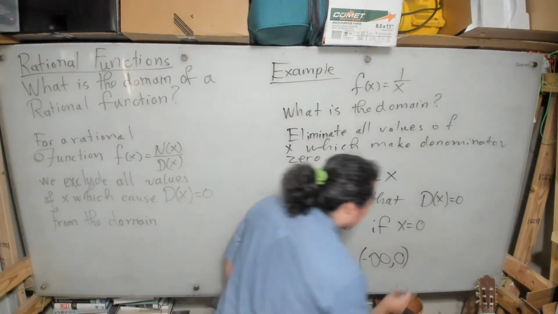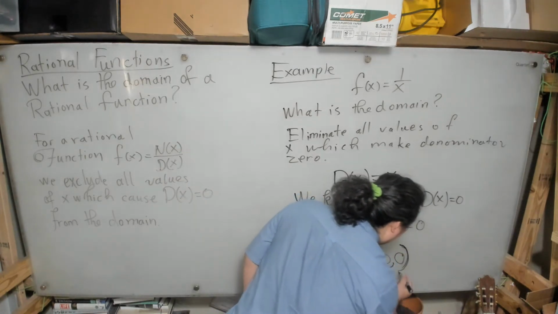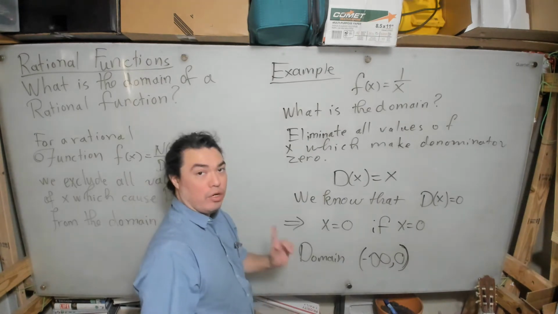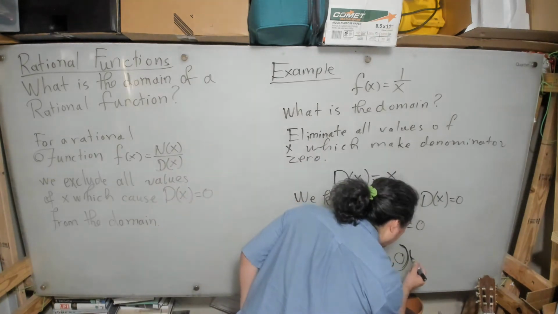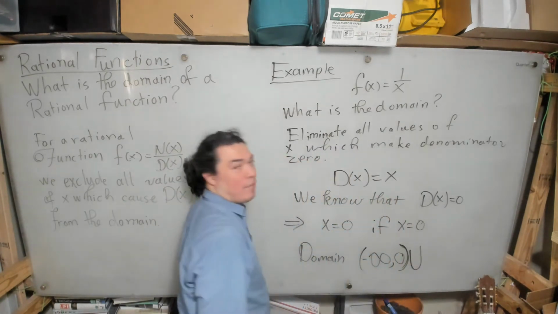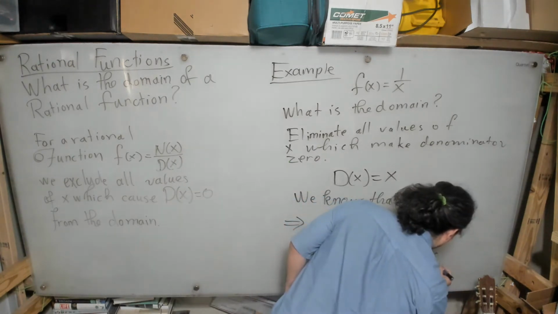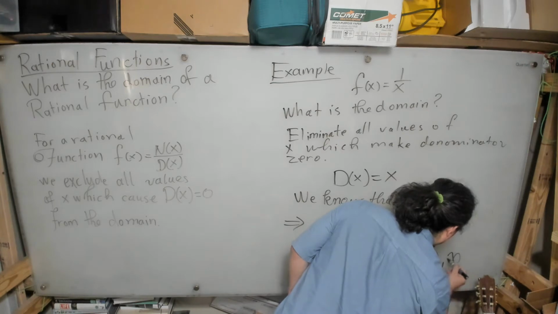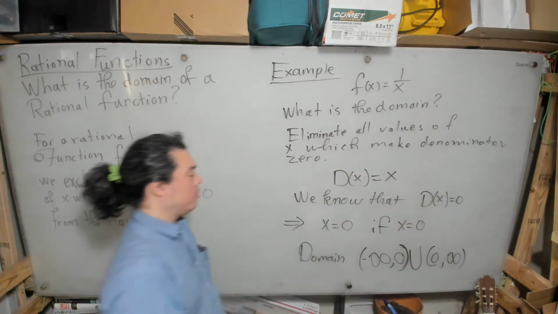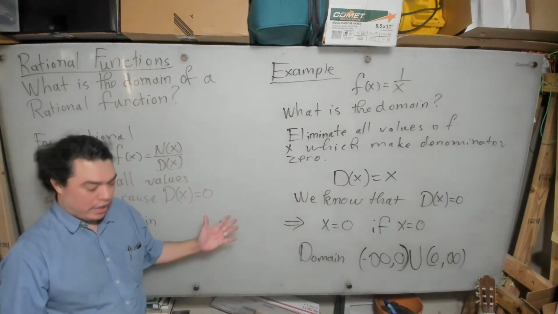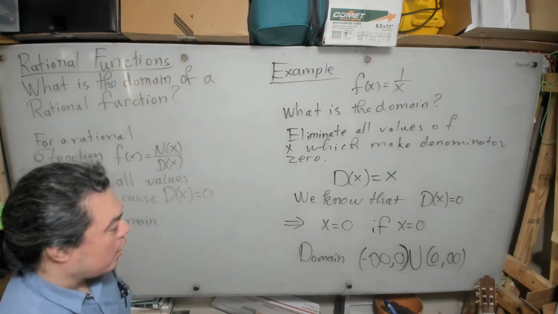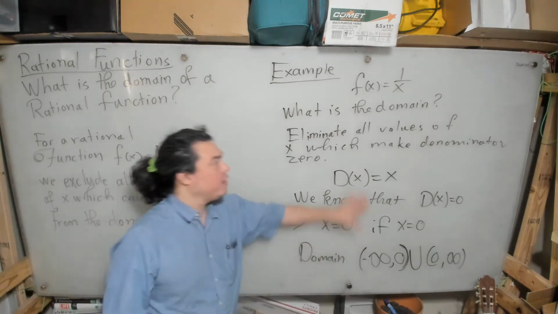Why parentheses? Because the parentheses says that we're going to get as close as we want to 0 without including it. Then I'm going to put a union, which is like my glue to hold the pieces of the domain together, and then 0, comma, infinity. That is the domain of this very simple case.